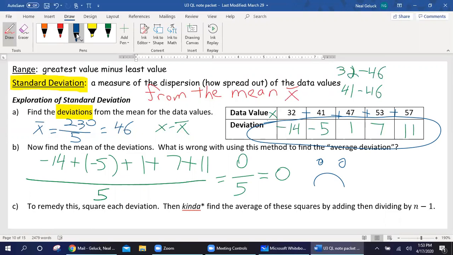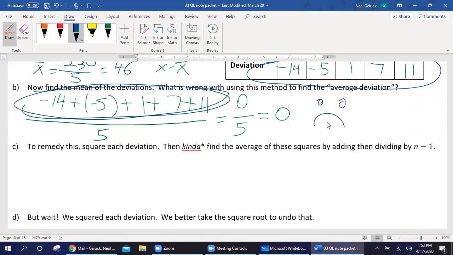So mathematicians, statisticians, had to figure out some other way because they realized we were always getting 0 when we added up all those deviations. What we do in math to get around this is, well, it's these negatives that are messing us up, the negative 14 and the negative 5. I can get rid of negatives by squaring them, because when I square a negative, I get a positive.